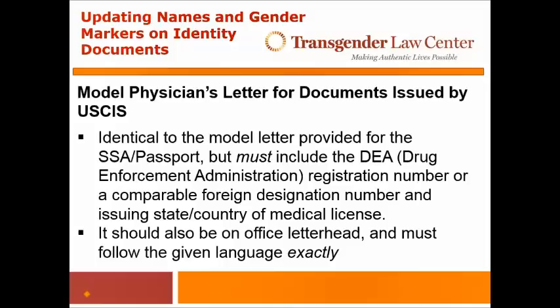This physician's declaration is nearly identical to the model letter we provided for Social Security and passport amendments, but it also needs to include the Drug Enforcement Administration (DEA) registration number, or a comparable registration number from another country, and issuing state/country of medical license.